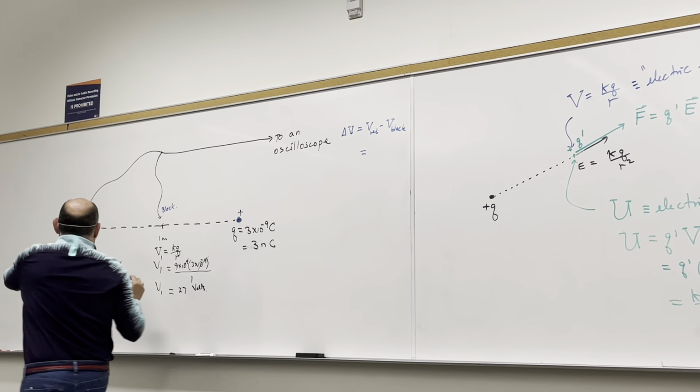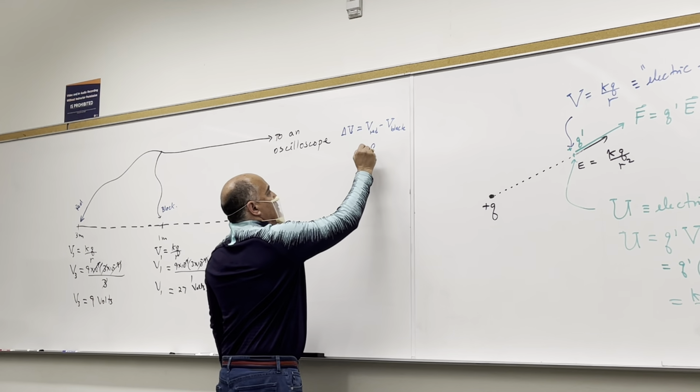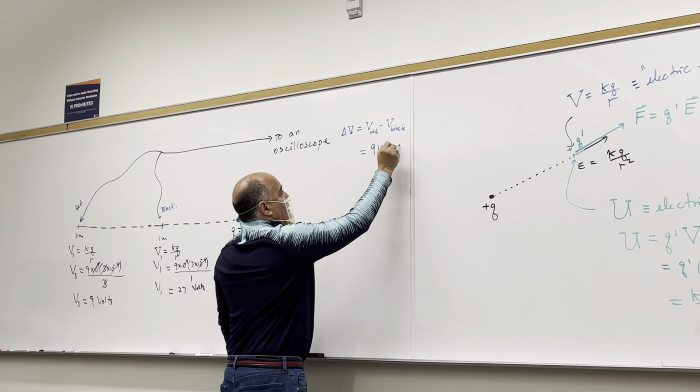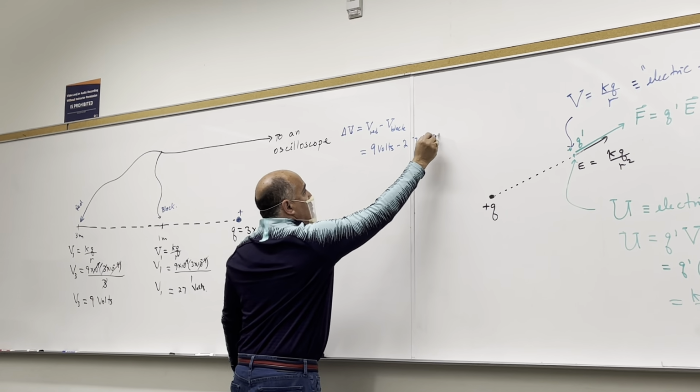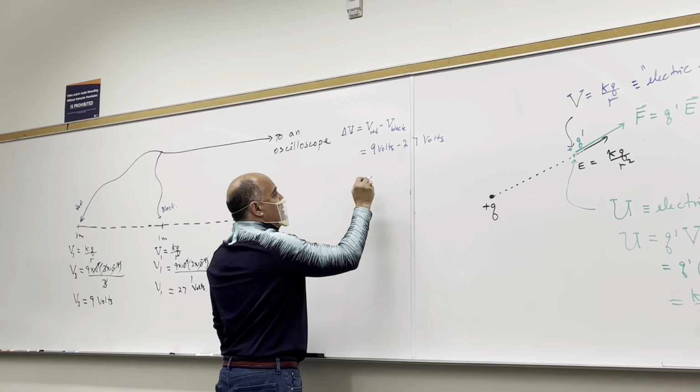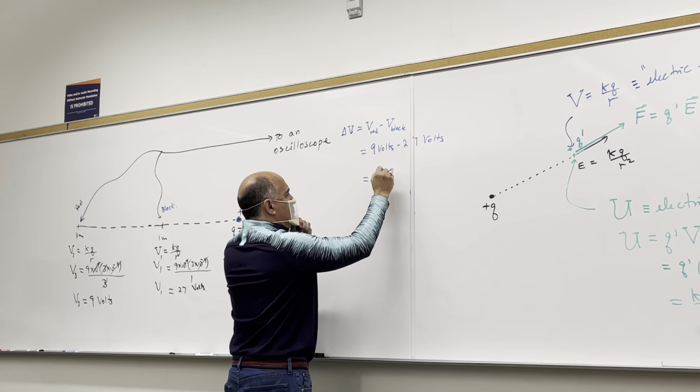So at the red end, the potential is what? 9 volts. And the potential of the black one is 27 volts. So this will read, what is it? Is it minus 18? Yeah.